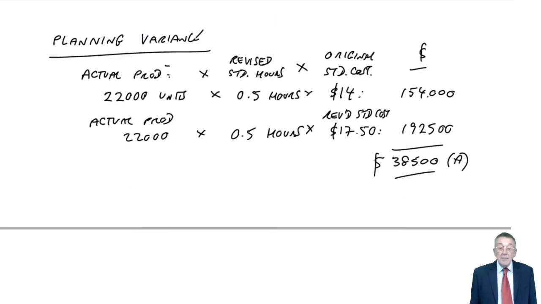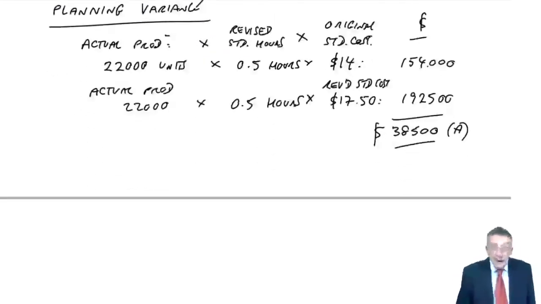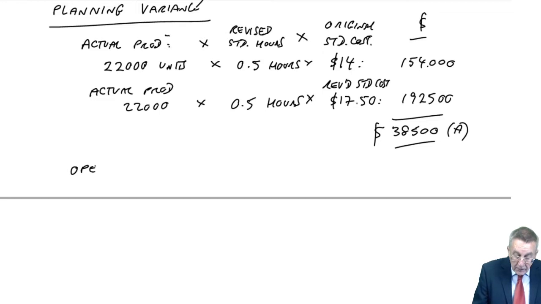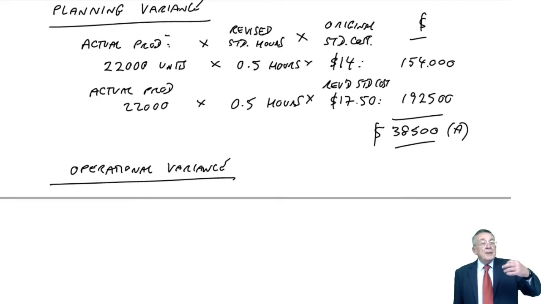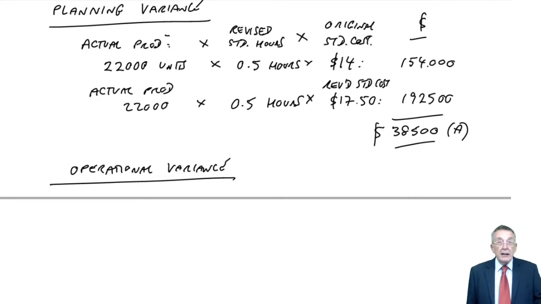Much more importantly to us, is to look at how our managers performed, the operational variance. And for the operational variance, we now calculate it exactly the same way as we do with basic variances, except there's no point, I think, clearly in comparing the actual cost to our original standard cost.